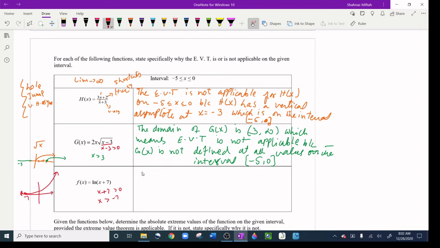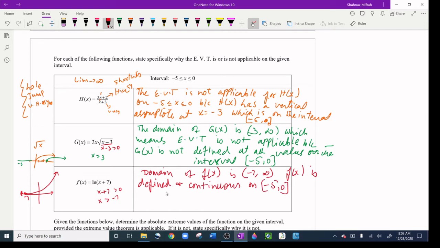So I can say, since the domain of f of x is -7 to infinity, f of x is defined and continuous on -5 to 0.